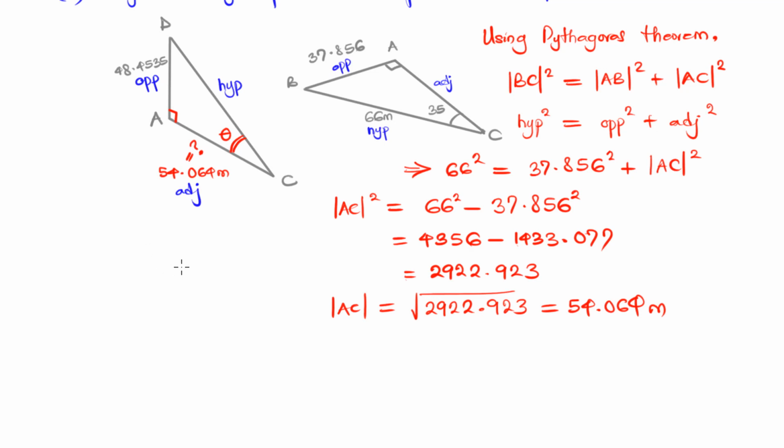We are looking for the angle. And what trigonometric function can we use? Opposite over adjacent, that is tan. SOHCAHTOA, tan theta is opposite over adjacent. So in this particular case, tan theta is equal to, the opposite is AD, the adjacent is AC.